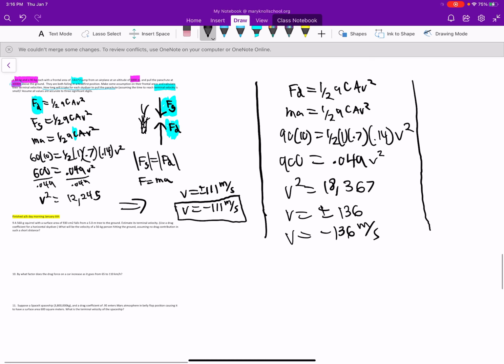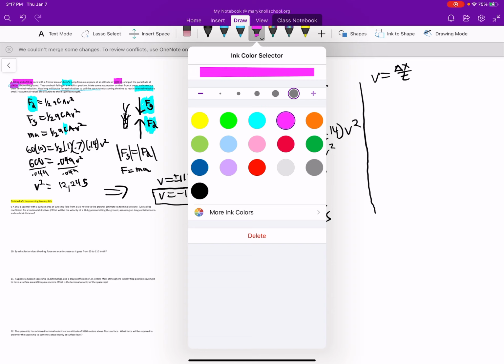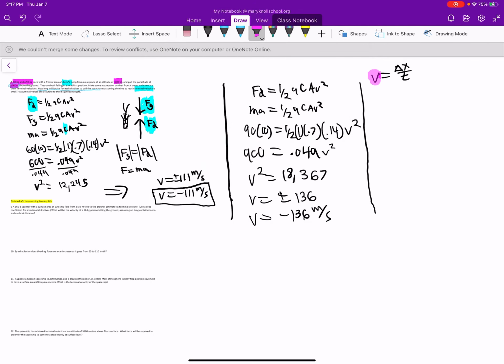All right. So if we use the equation, velocity is change in position over time. We have the velocity, we just found them both.